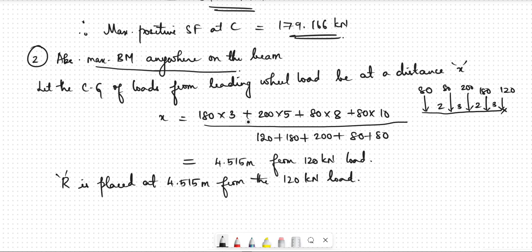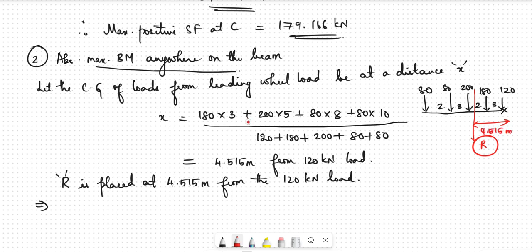Now we can also infer, I'll just show it with a red ink, that 4.515 means this is already 4.5 here, so 4.51 means it will be somewhere here. This is the position of resultant. So from this end it is at 4.515 meters.